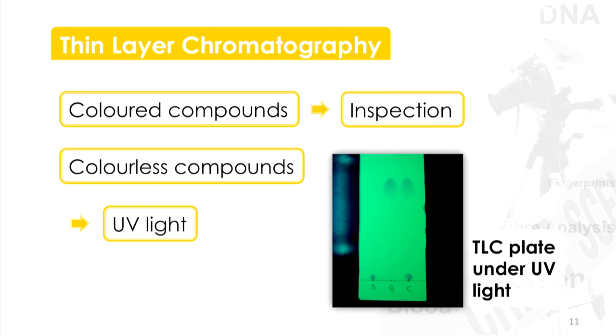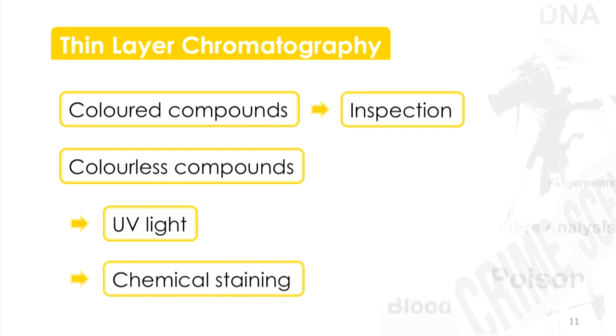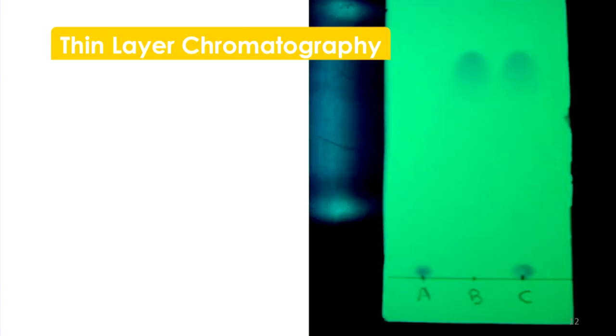If your spots don't show up under UV light, then we have a whole series of chemical reagents that we can apply to the plate, and that will make these otherwise invisible spots show up as colored spots.